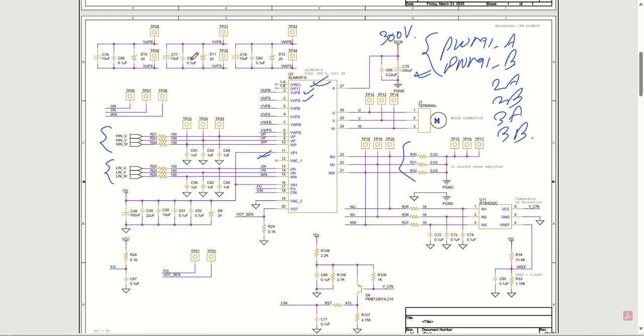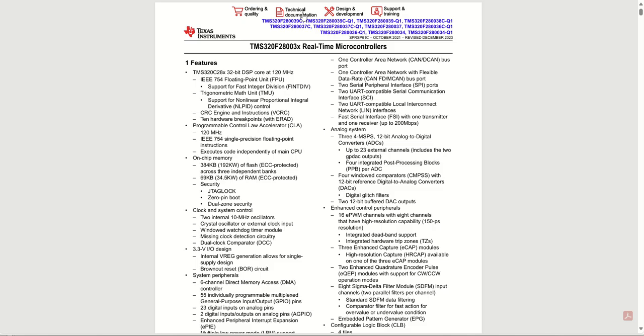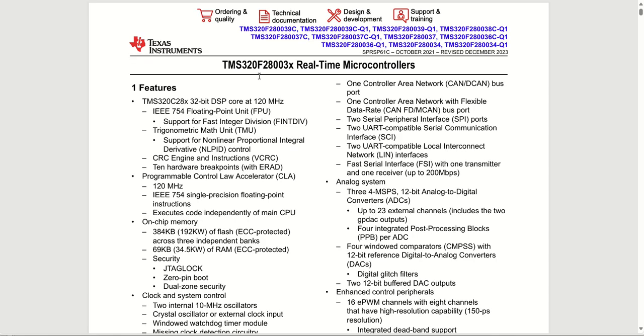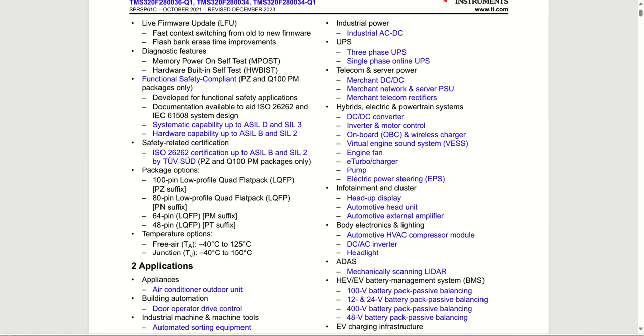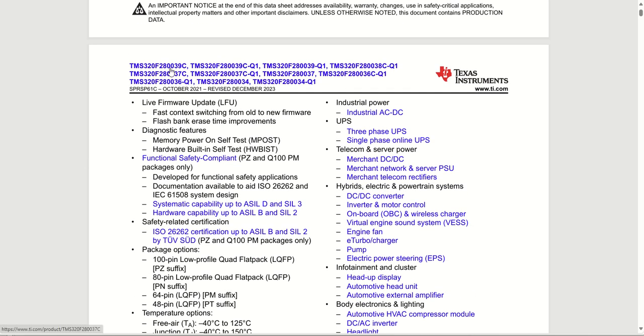We have already talked about the C2000 series real-time microcontroller, which is very popular, and this is the one we have used already. If you want, you can utilize other microcontrollers as well, like the 39 series or 37 series, in 64 pin, 100 pin, 48 pin, anything is fine.